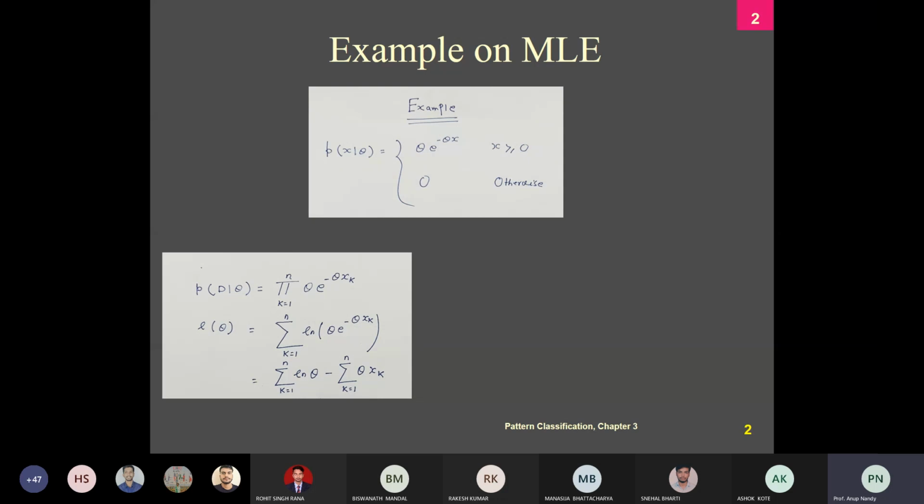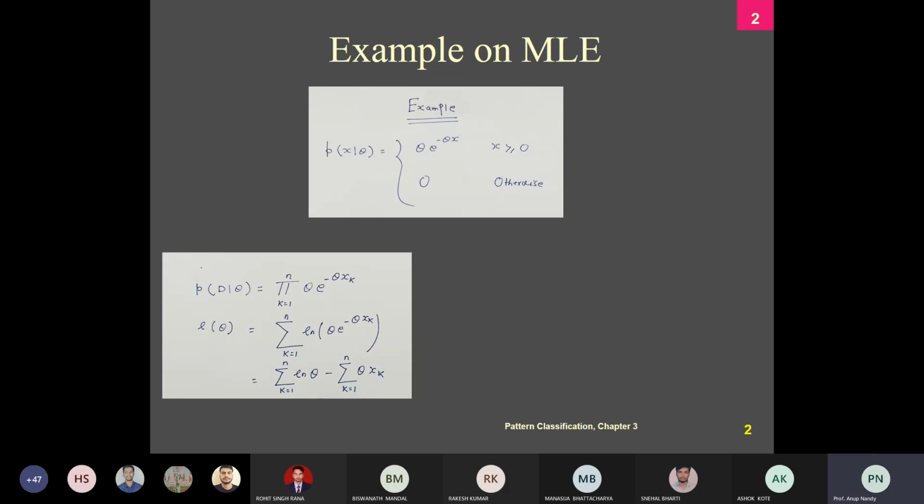In the second term, you can take out theta before the summation. Then if you do the differentiation with respect to theta of L theta, then 1 by x, so n by theta.